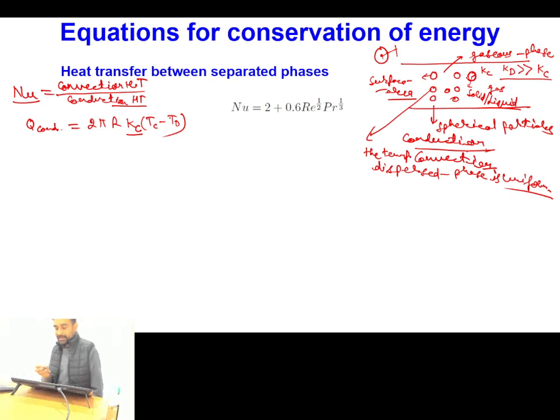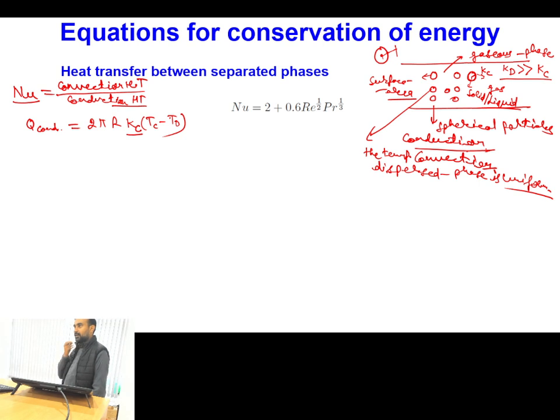But if the rate of heat transfer outside is slow, then the moment outside heat tries to decrease the temperature of the surface, immediately from the core of the particle heat will be provided to the surface, because conductivity of the inside medium is high. So we will find that within the particle there will not be much temperature gradient, and the temperature of the particle can be considered uniform.